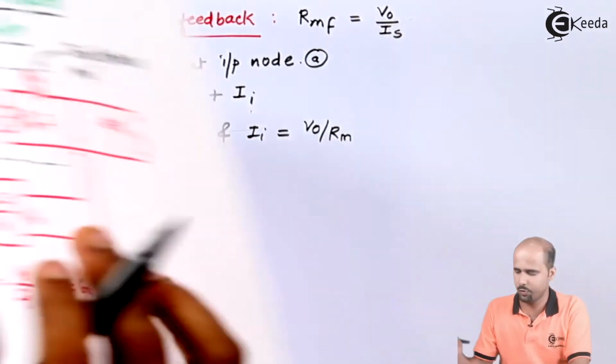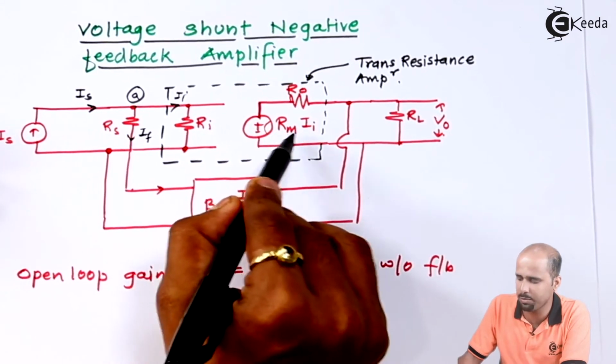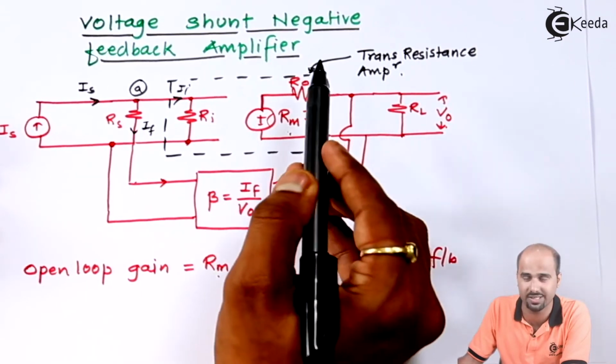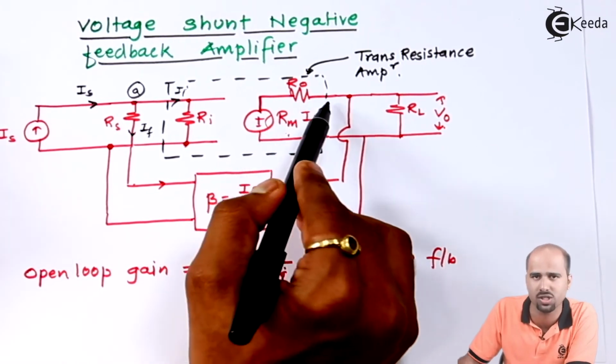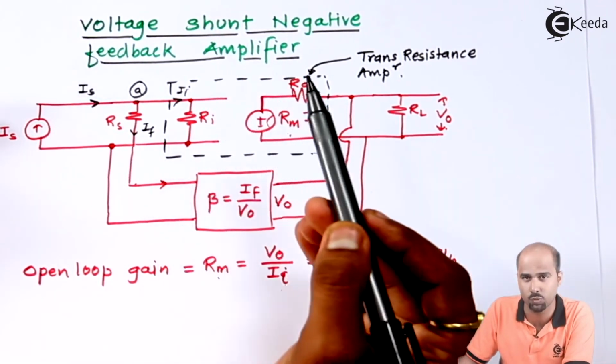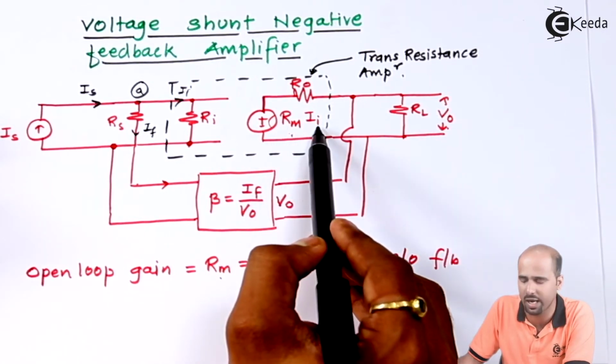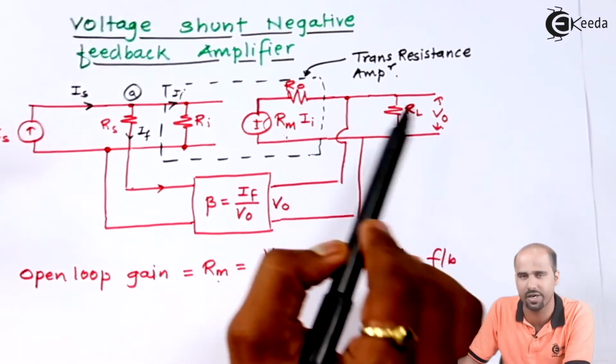See this forward amplifier: RM multiplied by II is nothing but the VO, because RO is not yet considered. RO is very small, so the drop across this RO is very small.